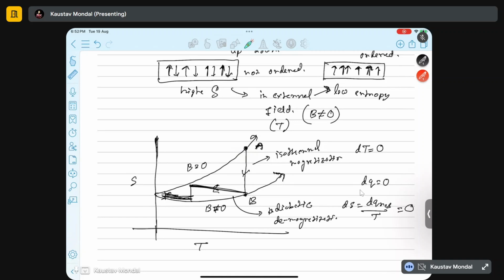Adiabatic means dq equal to 0, so the state shifts from B to C. Now we repeat this whole process again, isothermal magnetization and adiabatic demagnetization. If you do it an infinite number of times, only then can you achieve the closest approach. The more times you do these steps, the closer you go to the cooler temperature. Okay.